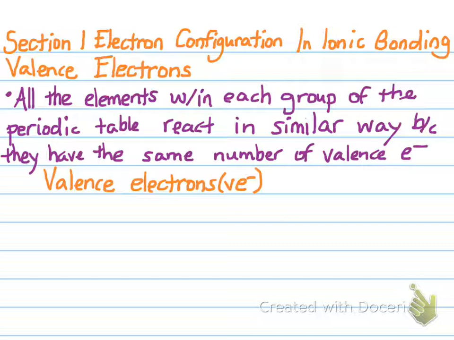So the reason that atoms that are in the same group of the periodic table behave the same way chemically is because they have the same number of valence electrons in their atoms.